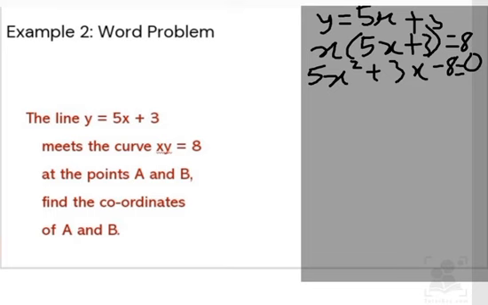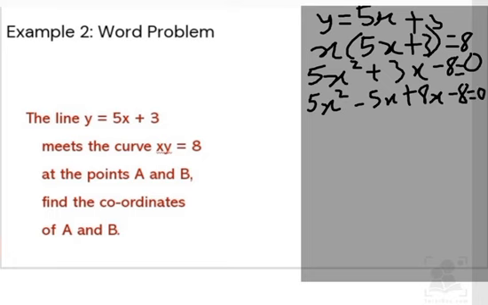Now I'm going to make use of the factorization method to solve this quadratic equation formed. So I have 5x squared minus 5x plus 8x minus 8 equals 0.